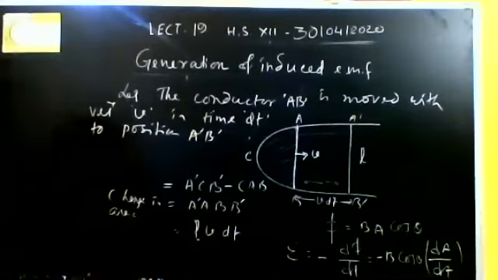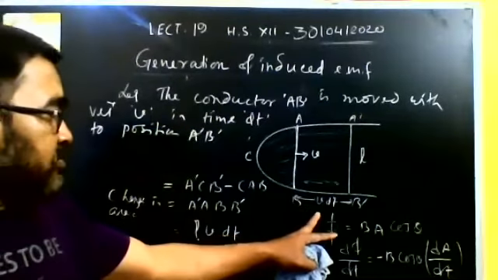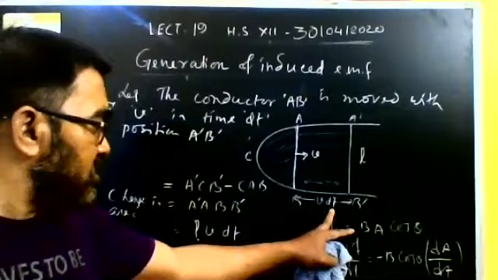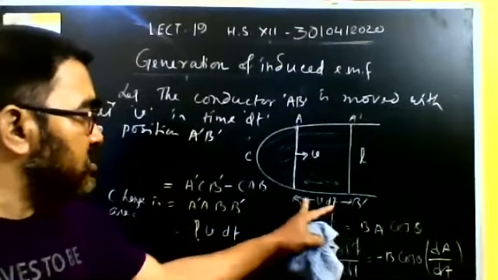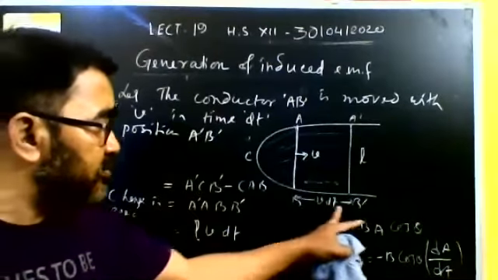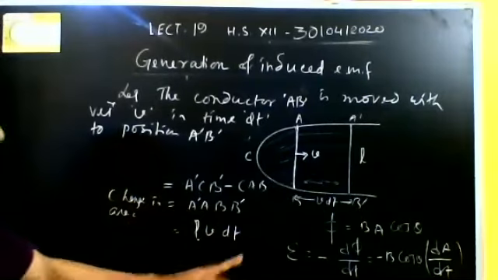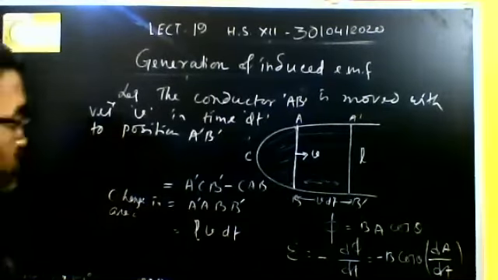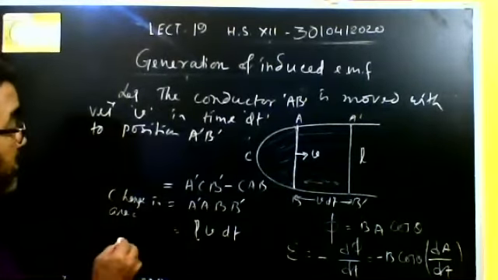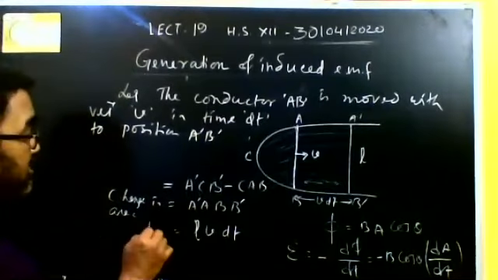Distance into length gives the change in area, L v dt. That is d phi.